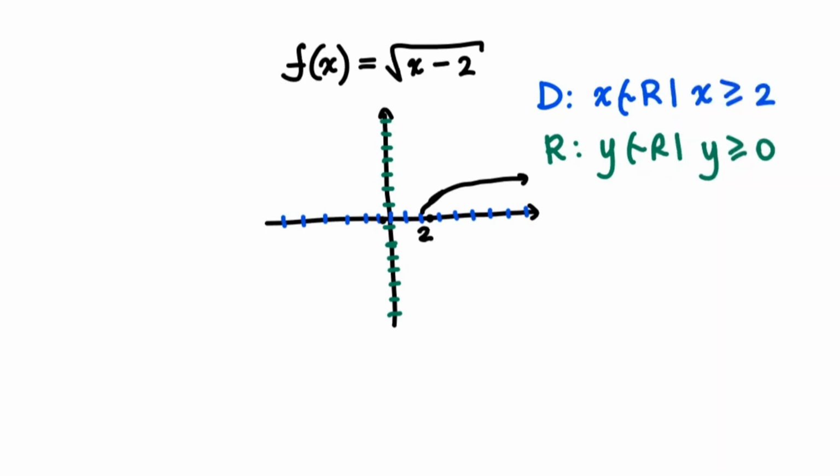If I wanted to use an interval notation for these domain and range, then it will look like this. The domain has to go from +2, including +2, towards positive infinity. Infinity always has a round bracket around it because it never ends. You cannot include it. And if I wanted to state my range using the interval notation, then again, I'm going to use square bracket to include 0 and towards positive infinity.